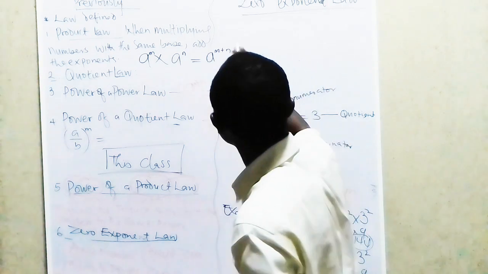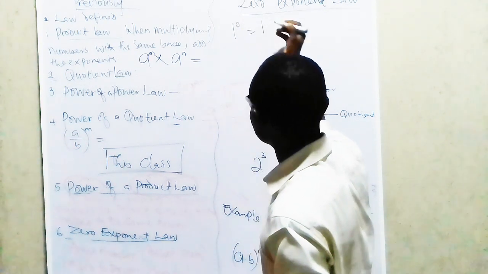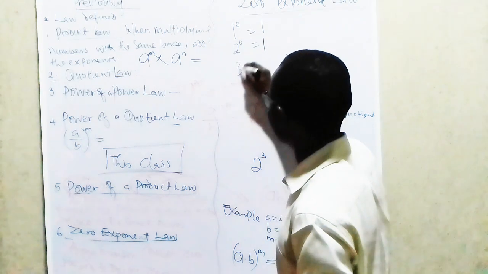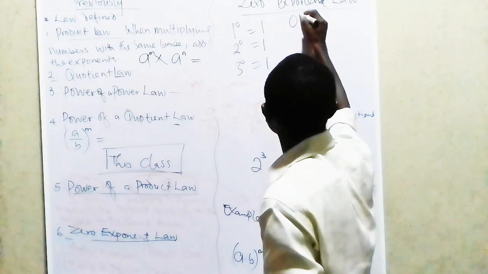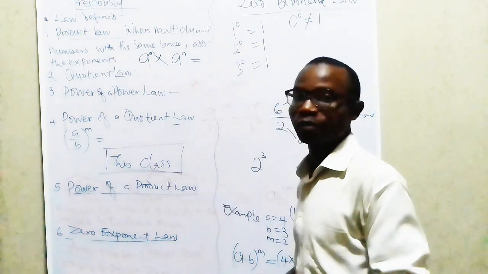If you say 1 raised to the power 0 is equal to 1, 2 raised to the power 0 is equal to 1, or 3 raised to the power 0 is equal to 1, but not 0 raised to the power 0. It is not equal to 1.